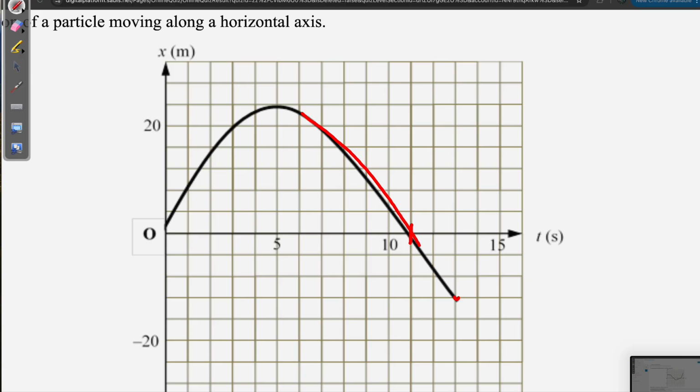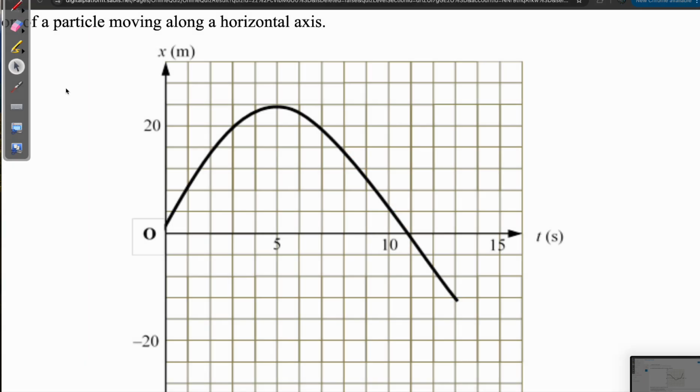Let's just take this point down here, which is negative 12. So negative 12 minus 0 over 13 minus 11, which is negative 6.